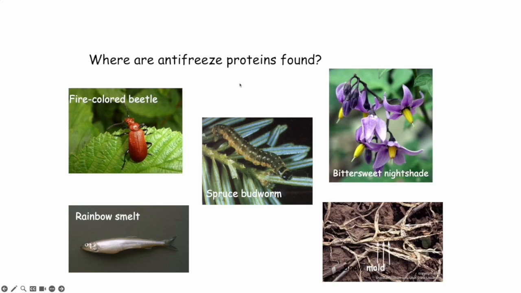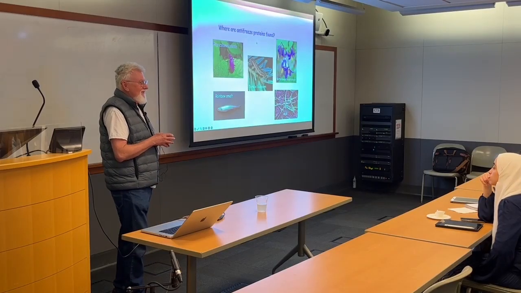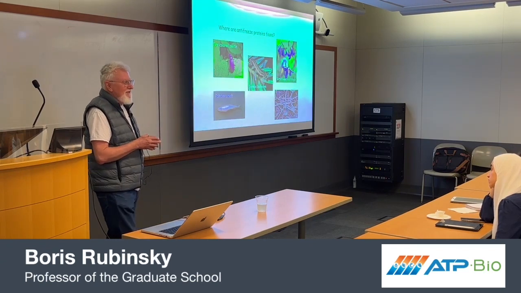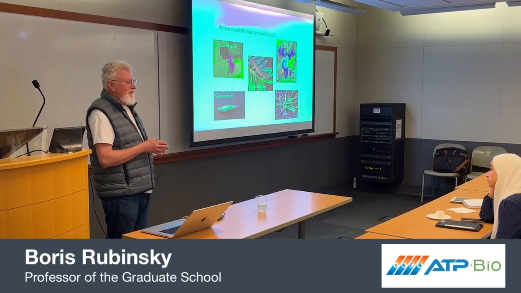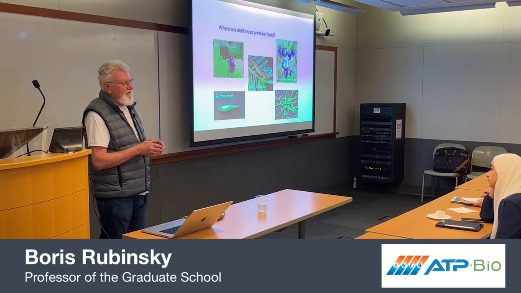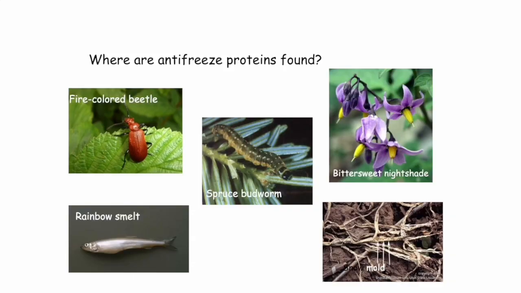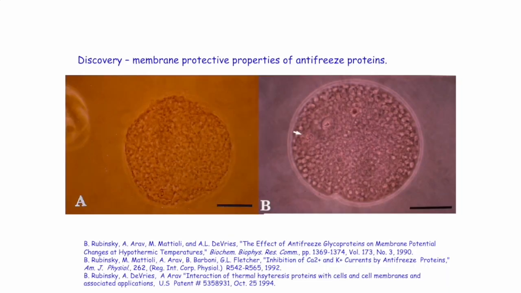It turns out that fish in the Antarctic and the Arctic produce certain proteins that reduce the freezing temperature, but in a non-colligative way, without increasing the concentration. And these are antifreeze proteins, and together with Amir Rubinsky, we discovered that they have another property.